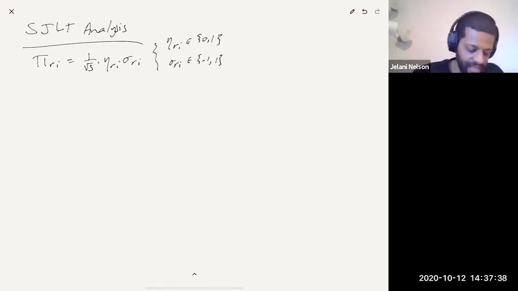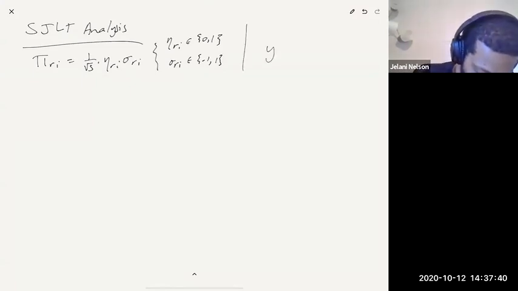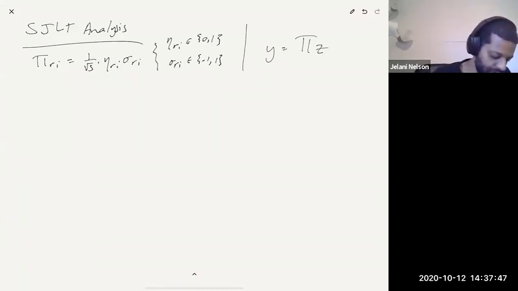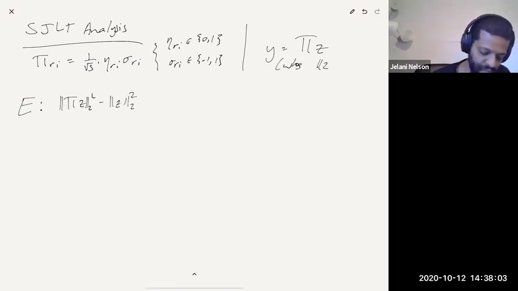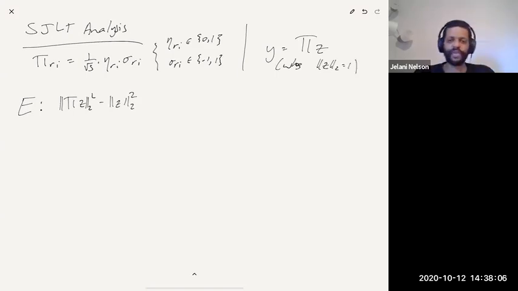And then if you look at y, which is equal to pi times z, you look at the error random variable. Let's say now capital E is for error, defined to be pi z L2 norm squared minus z L2 norm squared. And without loss of generality, I can just say, let's say z is 1, because if it preserves vectors of unit norm, it preserves vectors of any norm because it's a linear map.